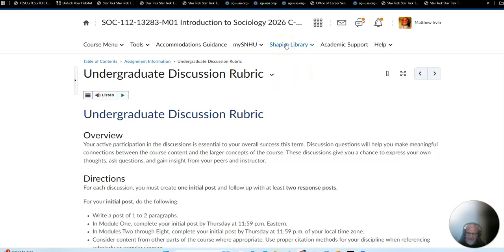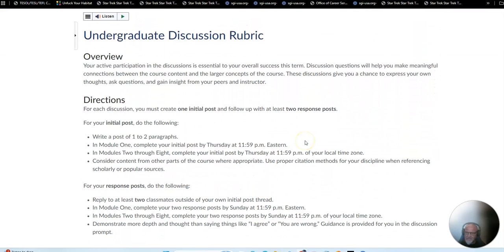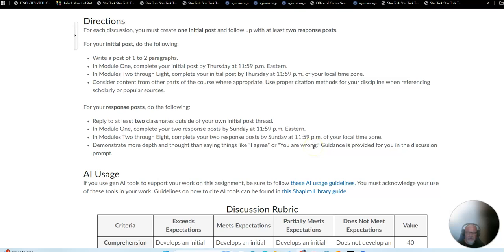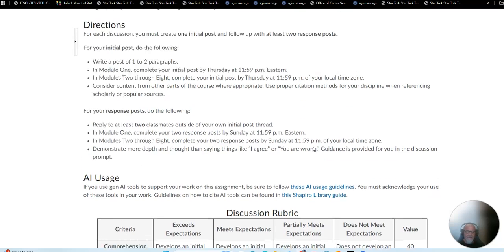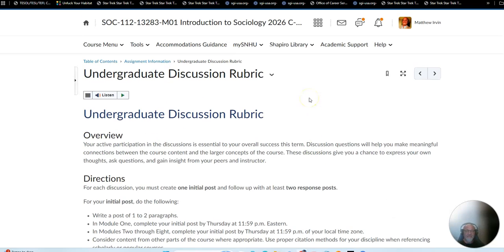It's over here under Shapiro Library, Citing Your Sources Guide. So go over and click that. At the end of your initial discussion post, you need to cite it. You also need to respond to at least 2 of your classmates. Southern New Hampshire University takes this very seriously.